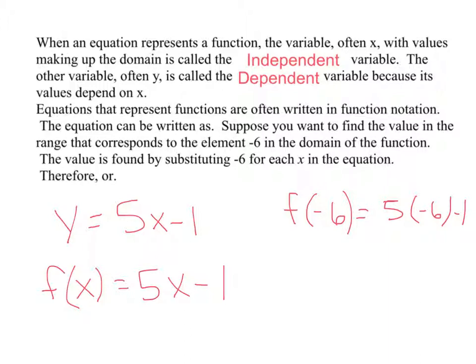And then all we're going to do is evaluate the right-hand side. I have a lot of students that try to do something with this. This is really just a notation, so we're not going to do anything with the left-hand side. We're just going to evaluate. So we're going to have 5 times negative 6 minus 1, which is negative 31.